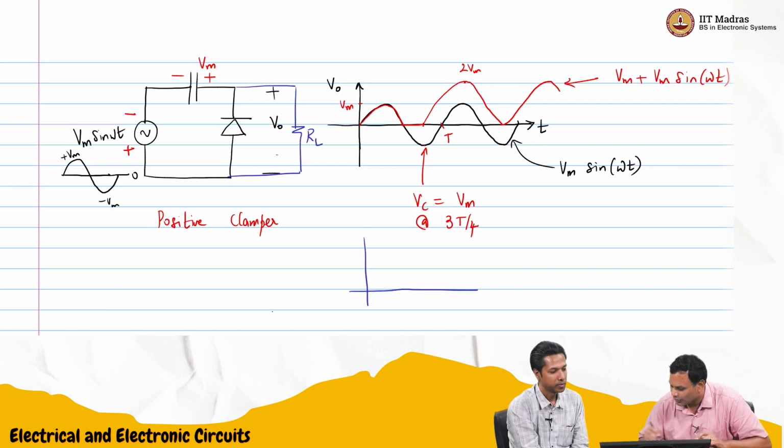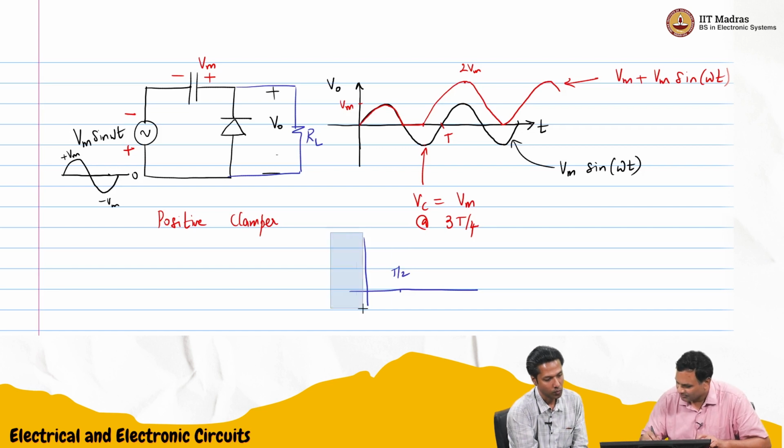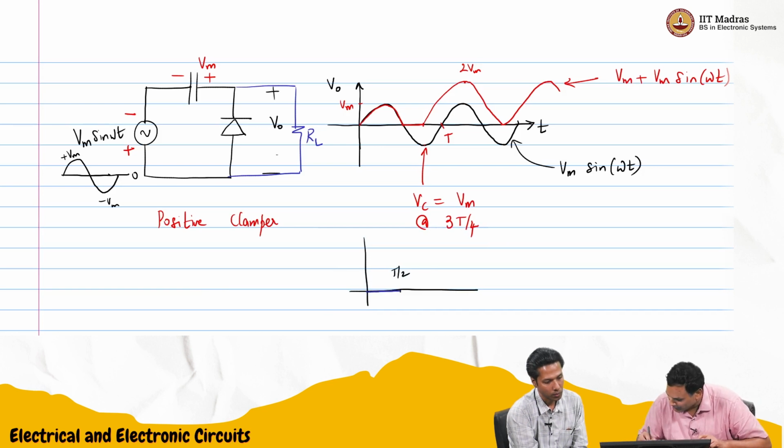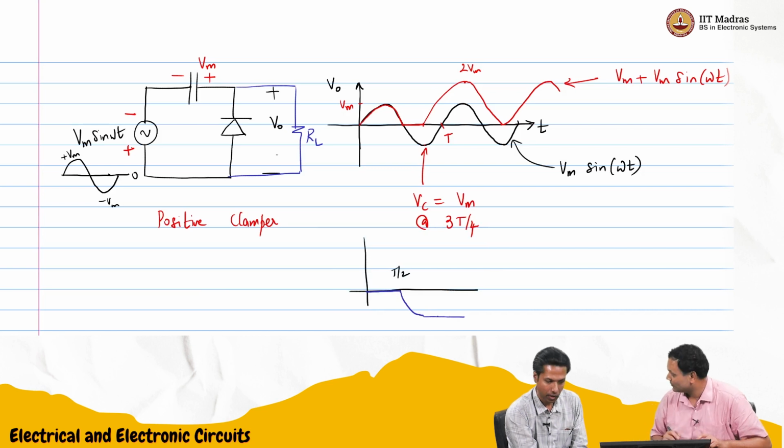If I were to draw the capacitor voltage, it was 0 till T by 2. Then it follows till 3T by 4 and then stays constant, which is what we originally thought.